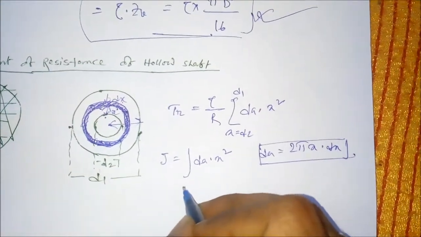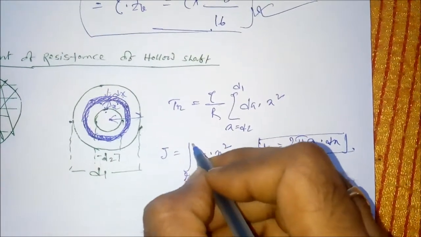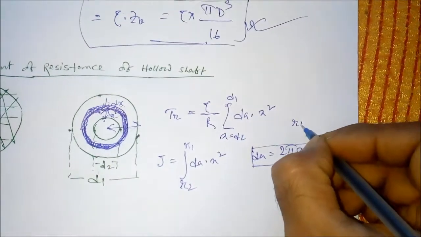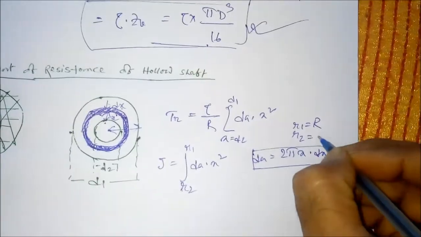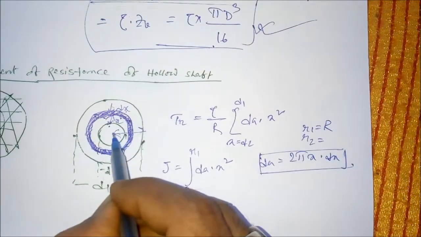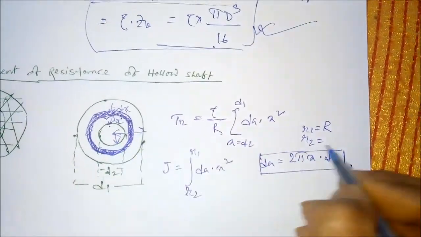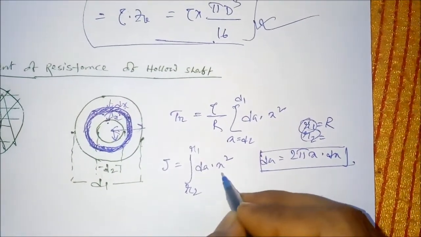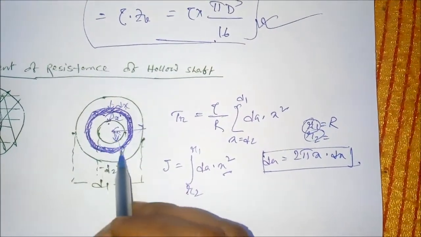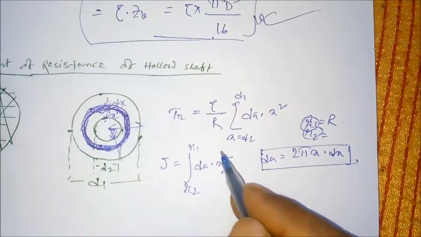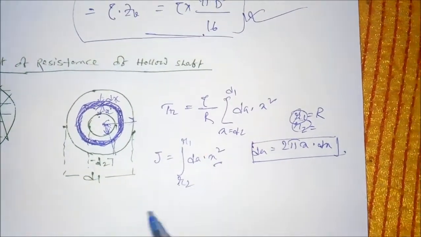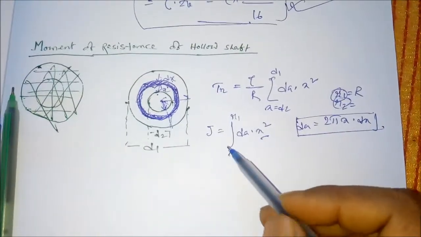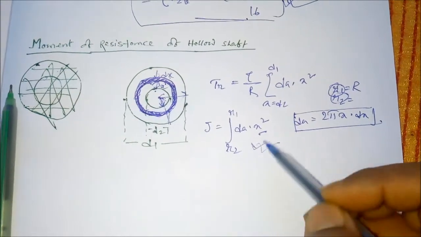But in this case the limits will be from r2 to r1, where we assume r1 is nothing but R and r2 is the radius of the inner section, right? So this is r1, this is r2, and we have to vary x from r2 to r1. Then you will get the value of J, where J is the polar moment of inertia.